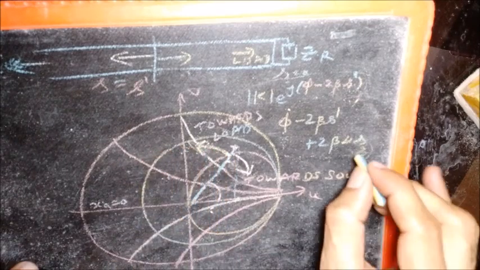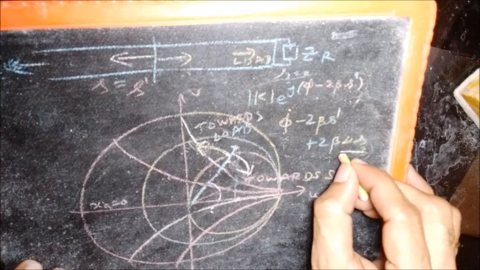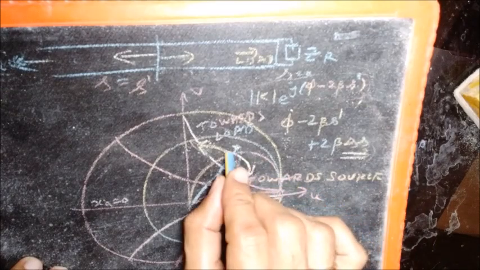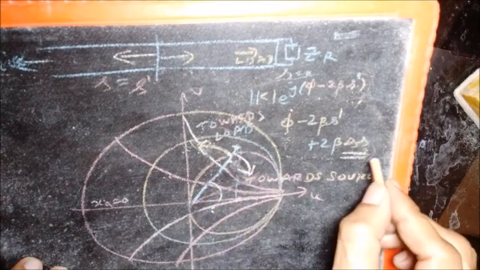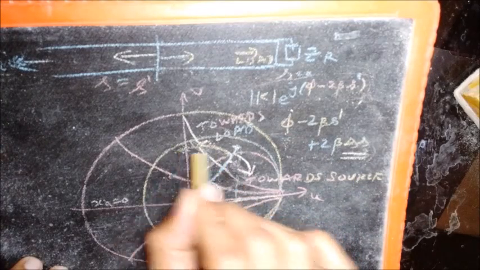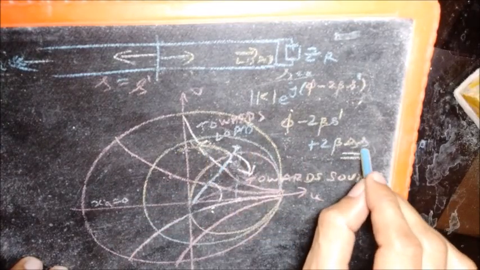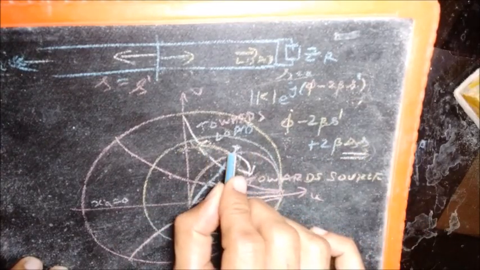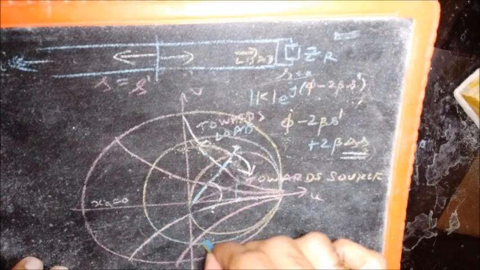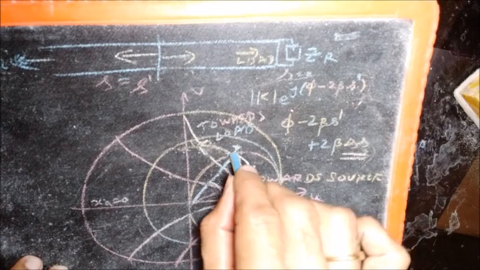Now the question is, what is this delta s? Again I repeat, as you move towards the load, it just rotates in this direction. What should this delta s be so that you move towards the load like this, complete one full circle and reach back here?